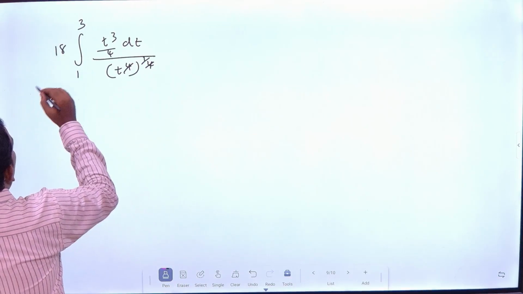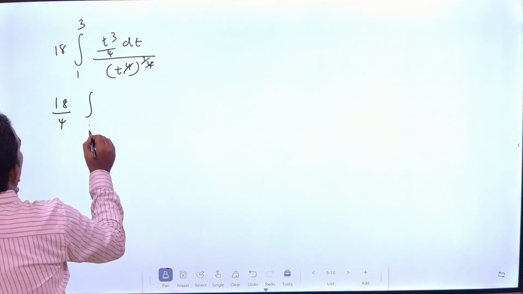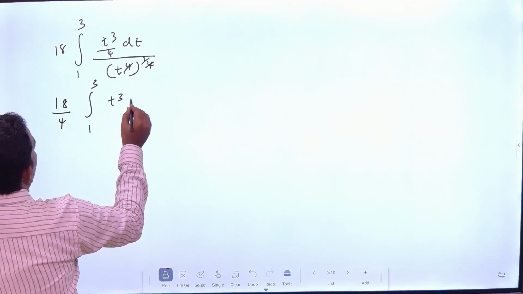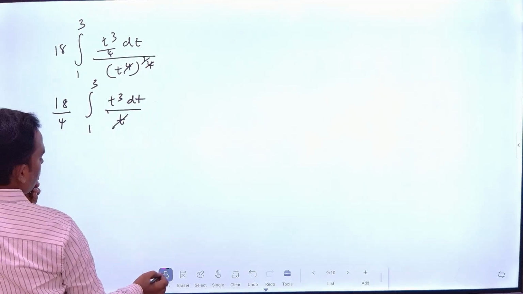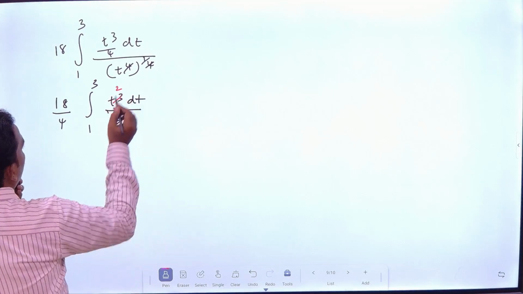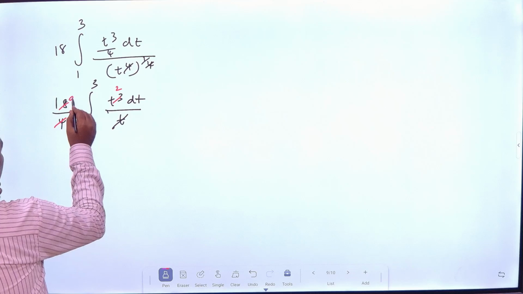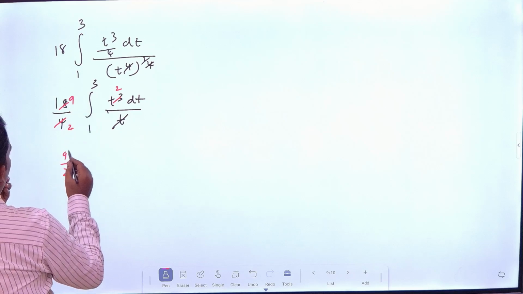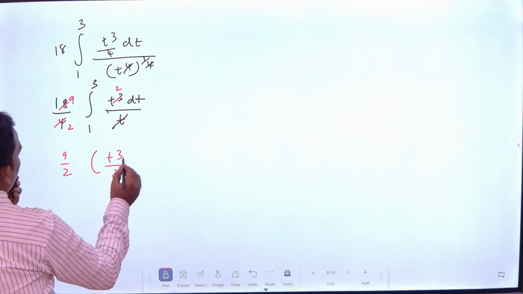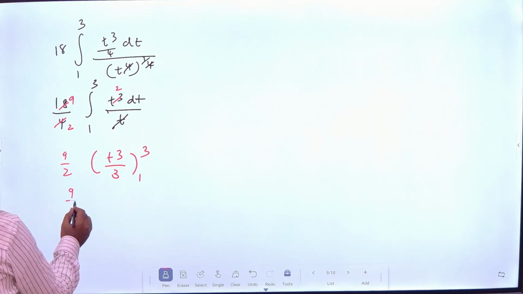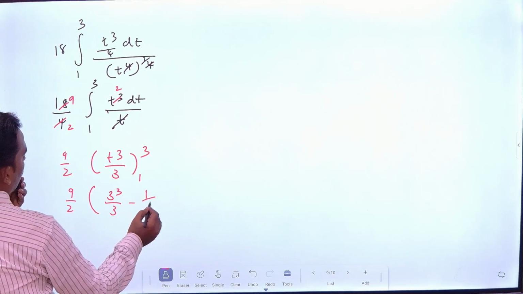So here 18 is there. 18 into 4 you can take out. Integral from 1 to 3 of t cube dt by t. If you cancel it, here is t square. Then 18 by 4 gives 9 by 2 times the integral of t square. The integration of t square is t cube by 3, from 1 to 3. So 9 by 2 times (3 cube by 3 minus 1 by 3).